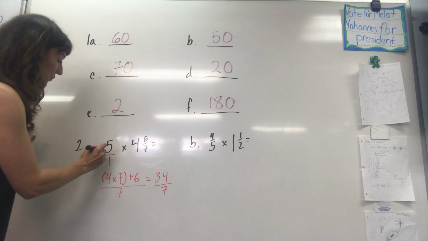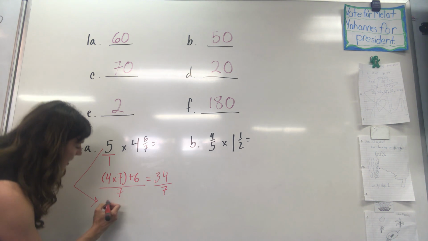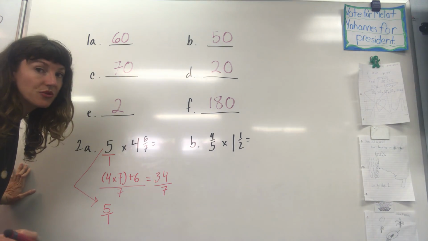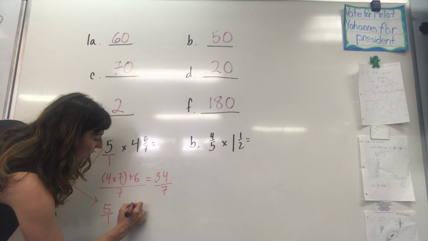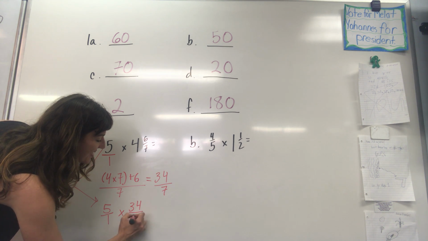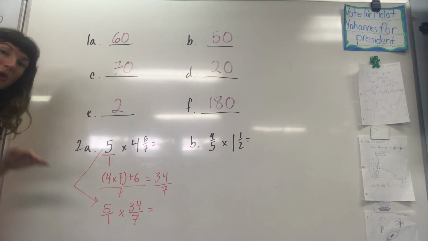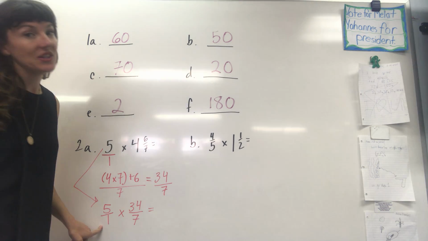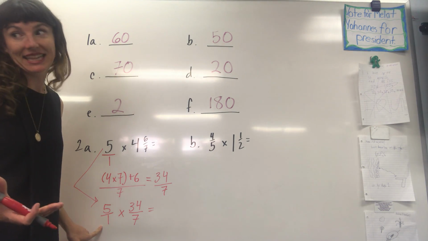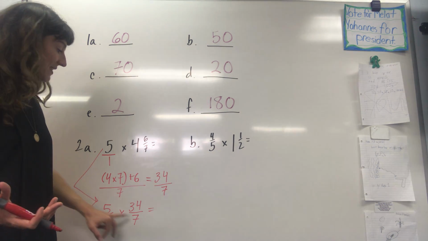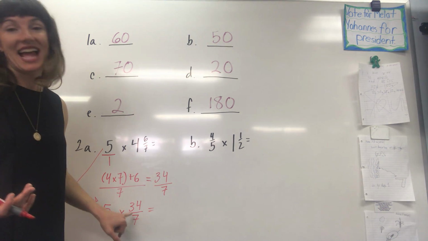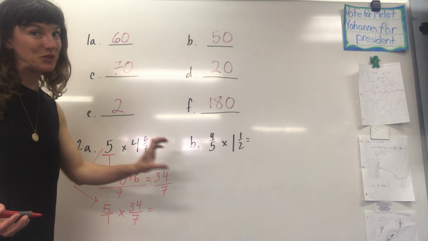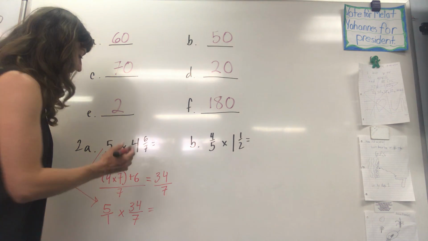And so now I'm going to rewrite my equation. 5 over 1, turning that whole number 5 into a fraction, times 34 over 7. Cross cancel. 34 and 1, you can't cancel anything. 5 and 7, you can't cancel anything.